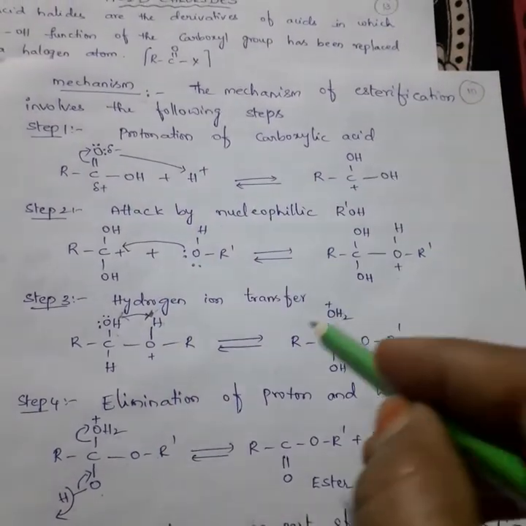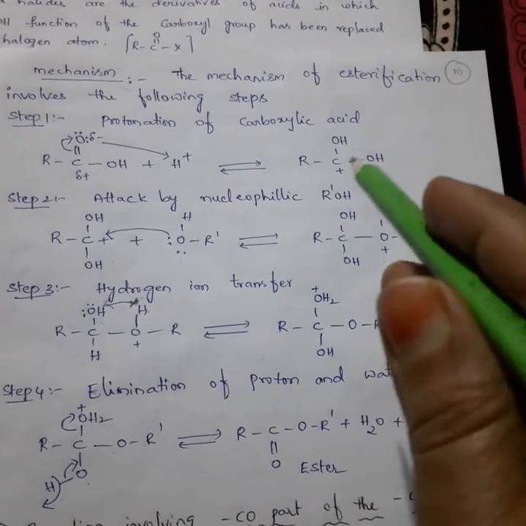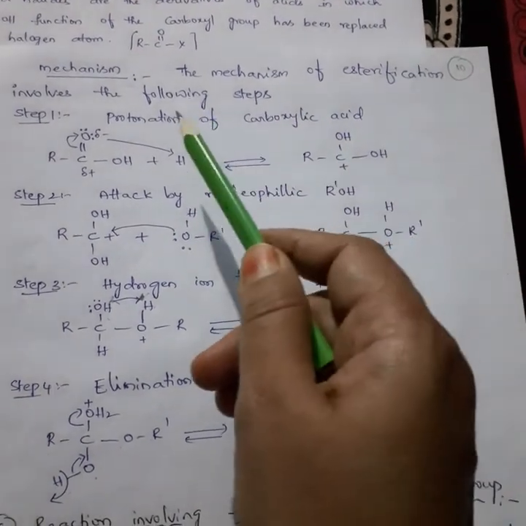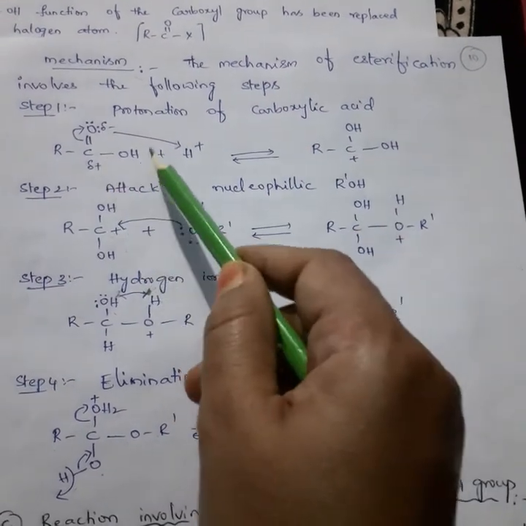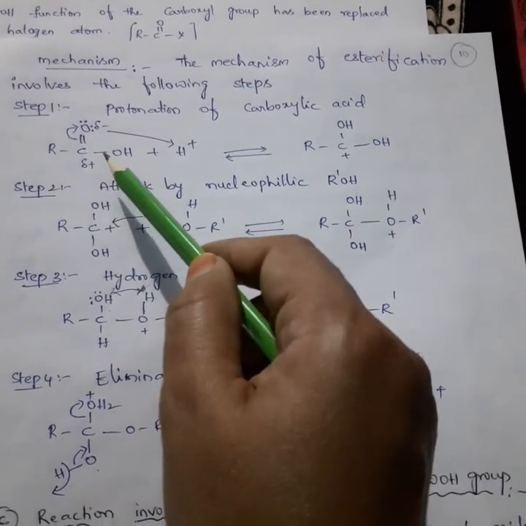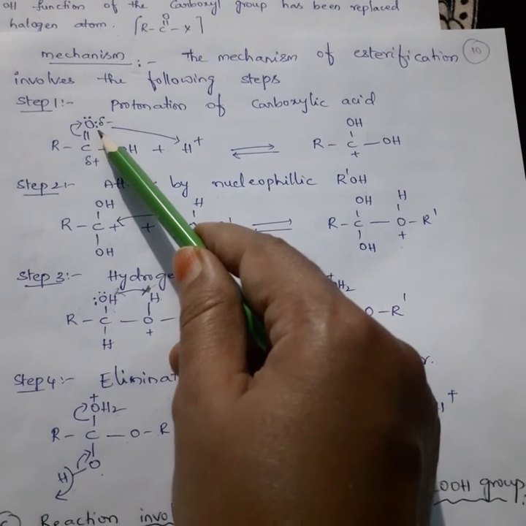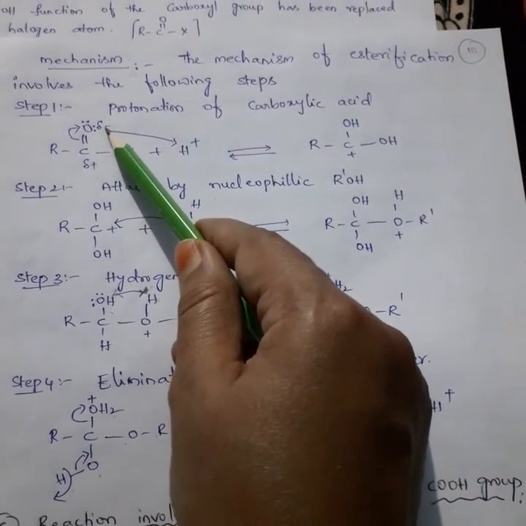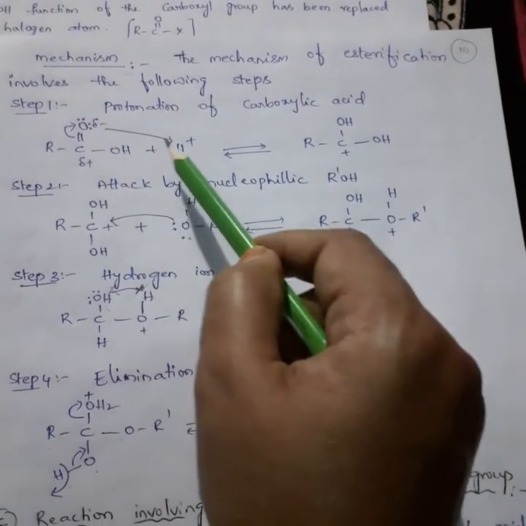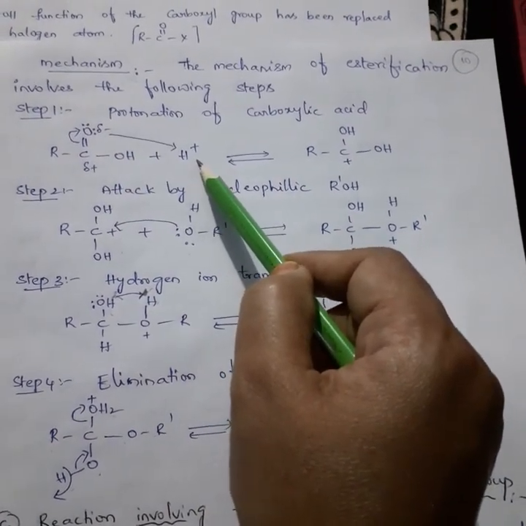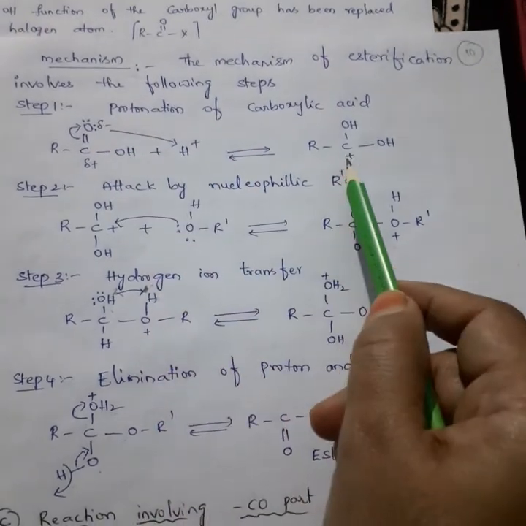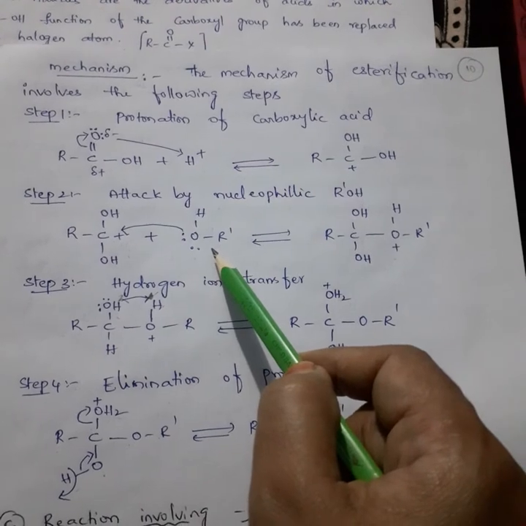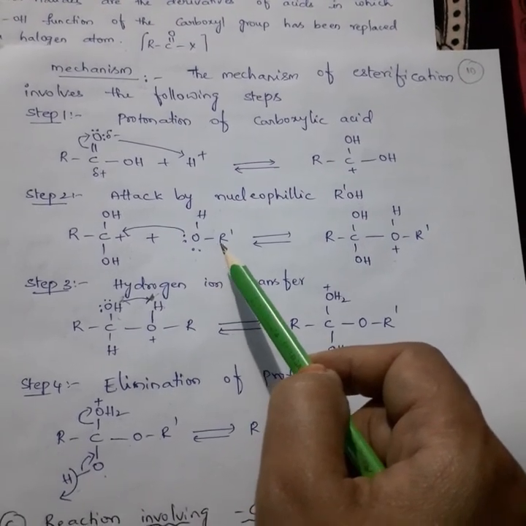Once again I want to give clarity to you, because this is a very important question for exams. The mechanism of esterification involves the following steps. This is the general structure for carboxylic acids. Because oxygen is more electronegative, bonded electrons are shifted to the top oxygen, which gets negative charge, and this carbon gets positive charge. Obviously H plus from the acid will move towards this oxygen. We got a carbonium ion. To this carbonium ion, the nucleophilic alcohol group is added.